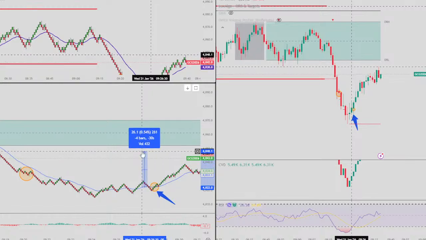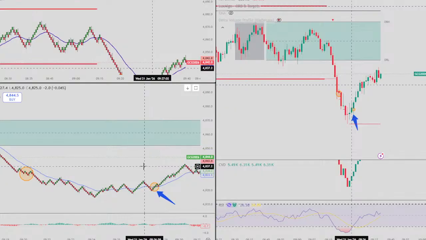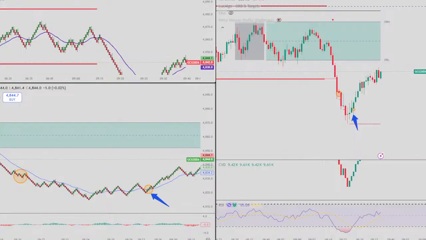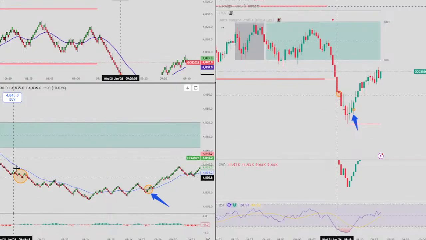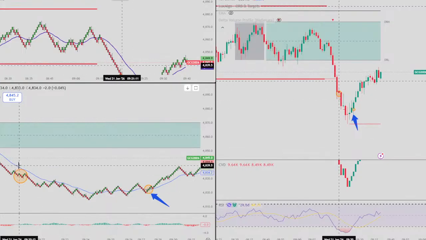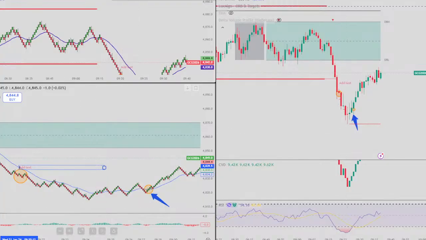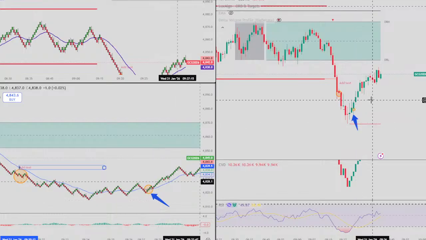Oh, it's not 260 ticks. So, yeah, neither of them were bad. Just this one resulted in a loss before it resulted in a win. And you don't know how far this is going to pull back up. And that's kind of the key: you don't know if it's going to go up, down, around, and around.